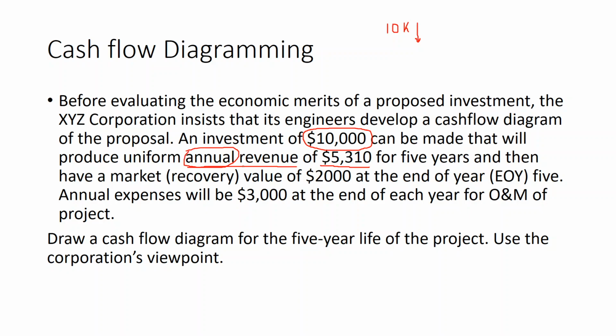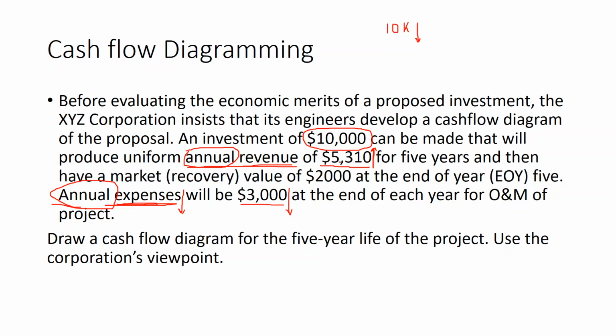So revenue will be upwards. Let me just put a small arrow here indicating that that's upwards. And then there's again annual expenses. Let's look at all the annual expenses first. Annual expenses are downwards, and so this $3,000 will be downwards.